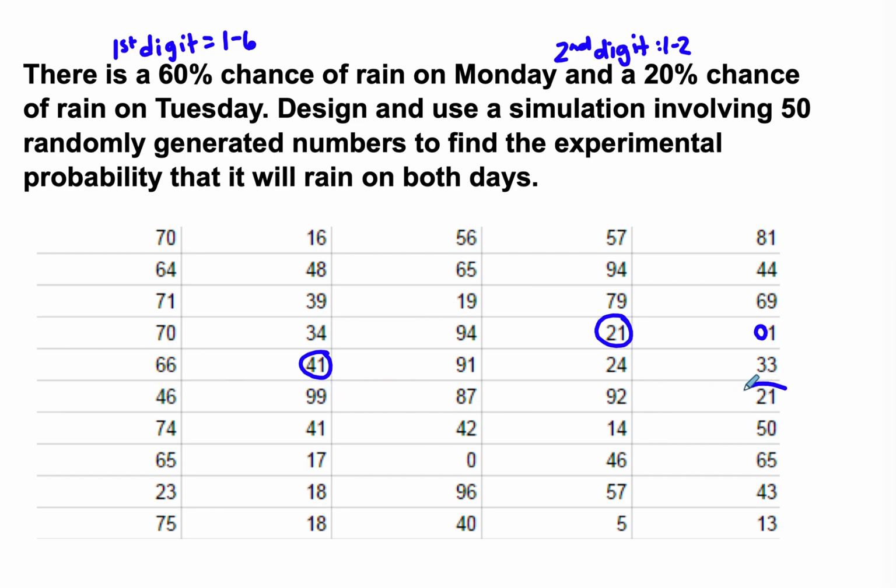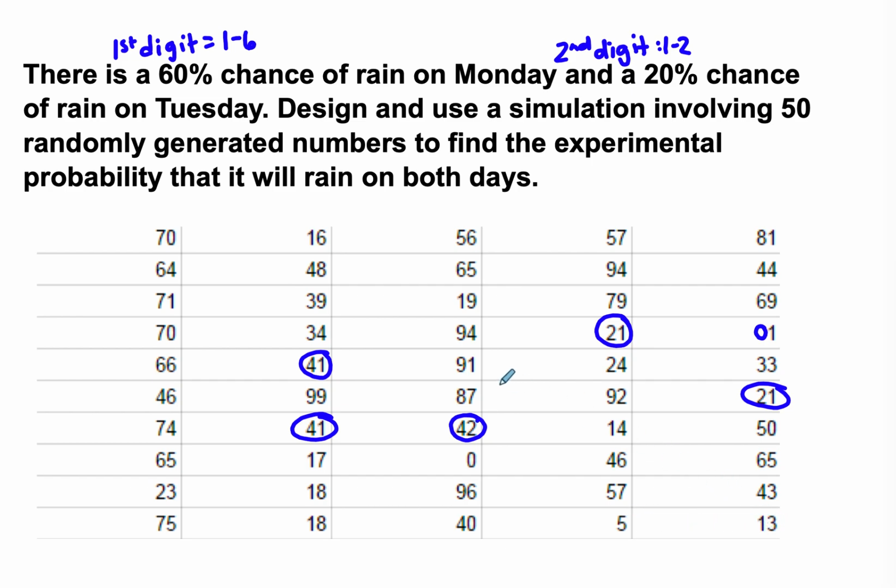21 works. Okay, let's look at our next one. We have 41. We have 42. No, no. Okay, and our next row. Nope. Our next row. Nope. And our last row.